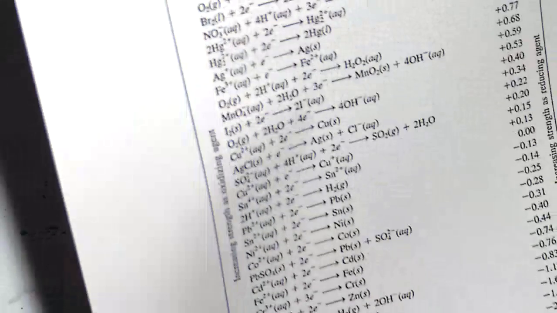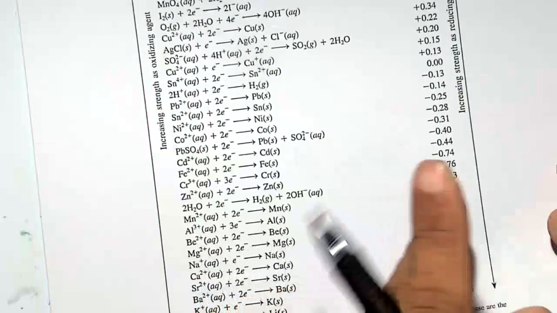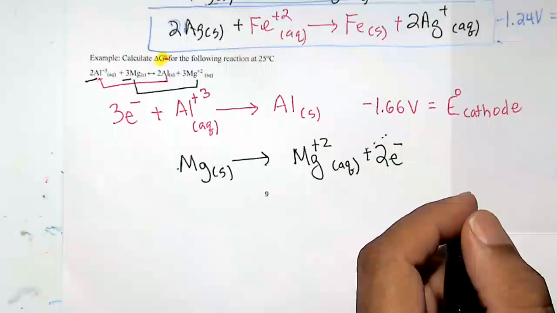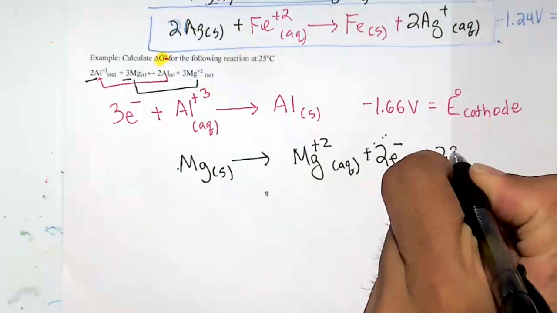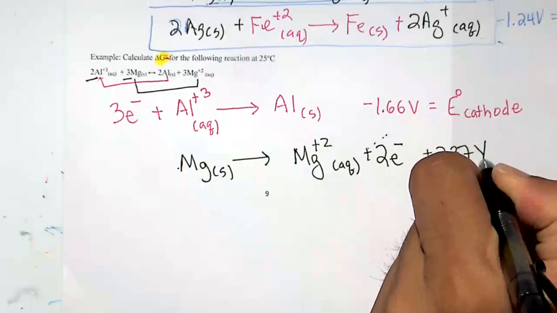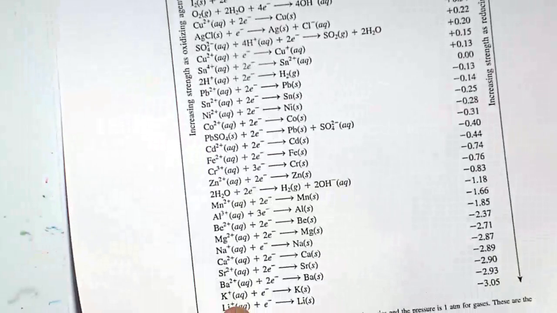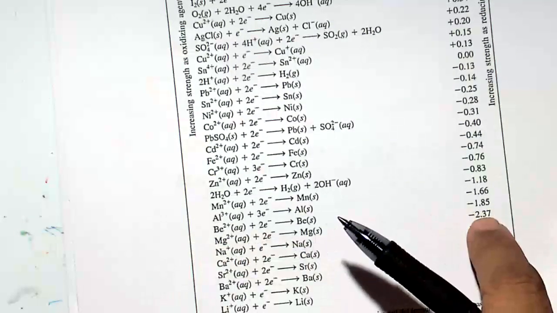And let's take a look at the voltage. Let's check our notes here. 2.37, and you notice how Michael flipped it. Why do you flip it? This is being oxidized. Okay, plus 2.37 volts. He flipped the number that we saw here. Okay, because in this particular problem, it's the opposite reaction that's occurring.